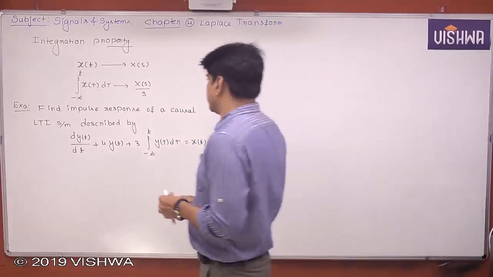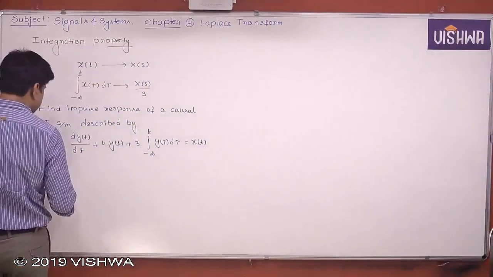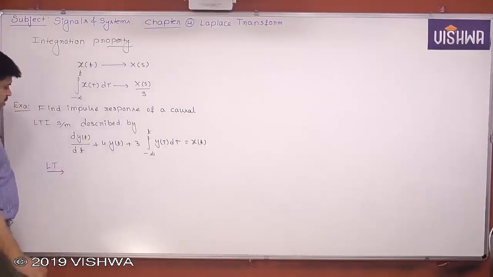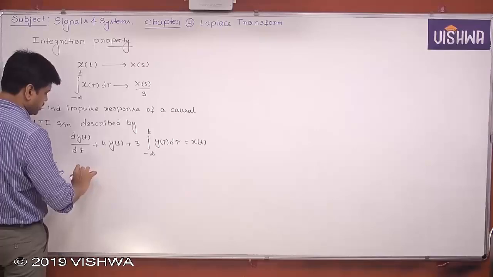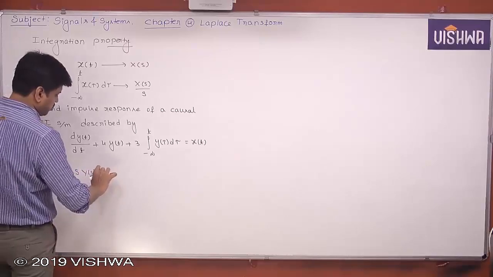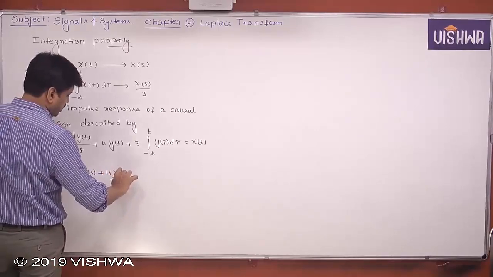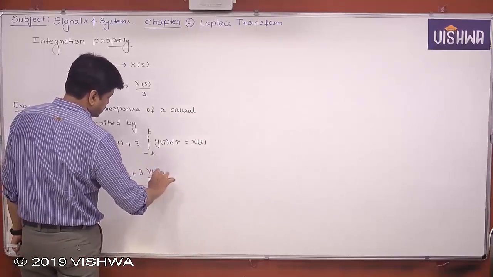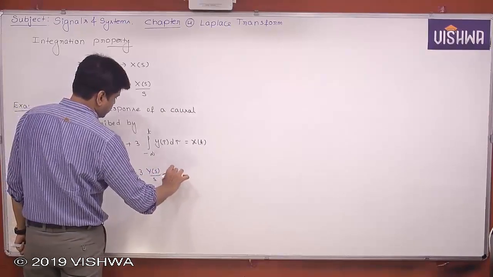Okay, how can we do this? Let's apply the Laplace transform on both sides. Then what will happen? This is sY(s) + 4Y(s) + 3Y(s)/s is equal to X(s).